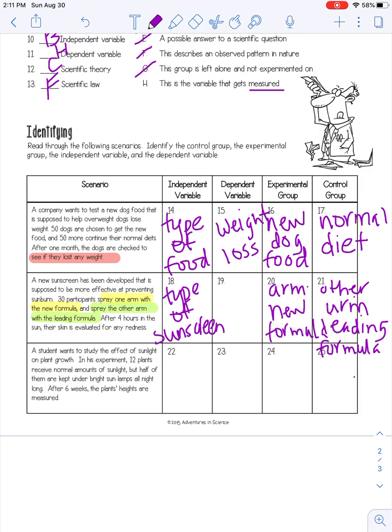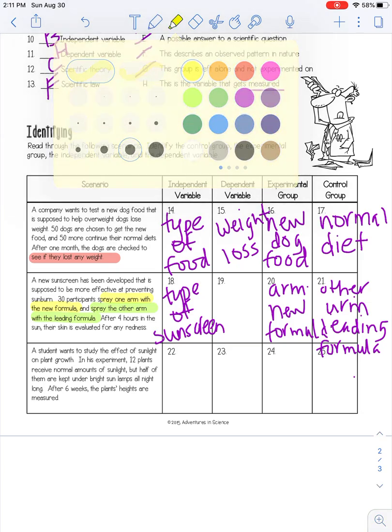Okay. So if we can envision this, we've got 30 people. We're going to spray one arm with the new formula that is supposed to help against getting sunburnt, and we're going to spray our other arm with a leading formula, and we're going to figure out which one prevents sunburn. So what is it that we are going to be measuring?